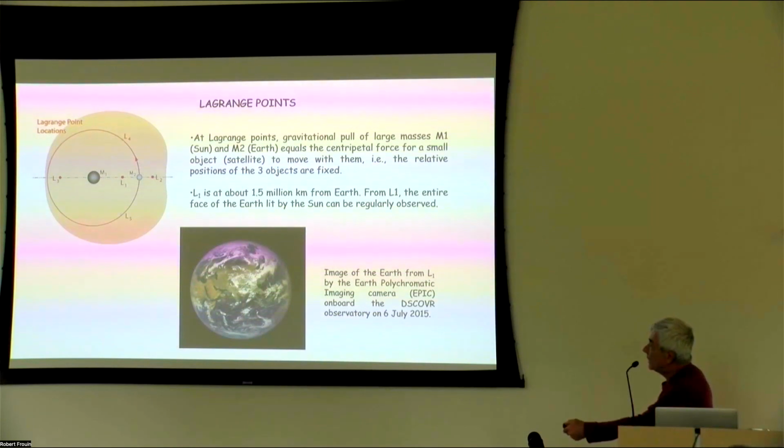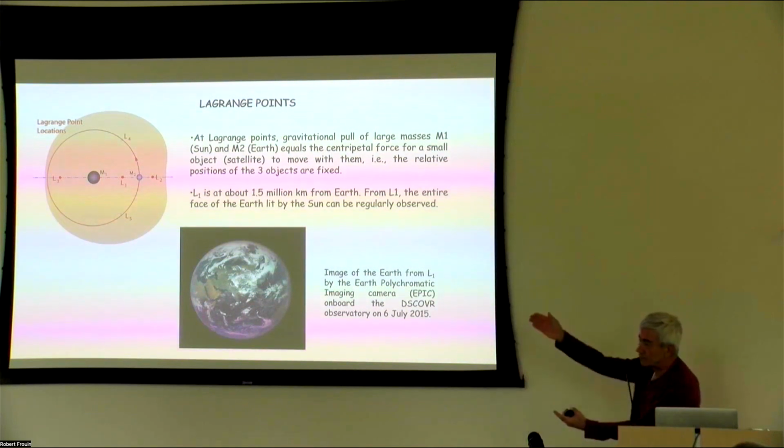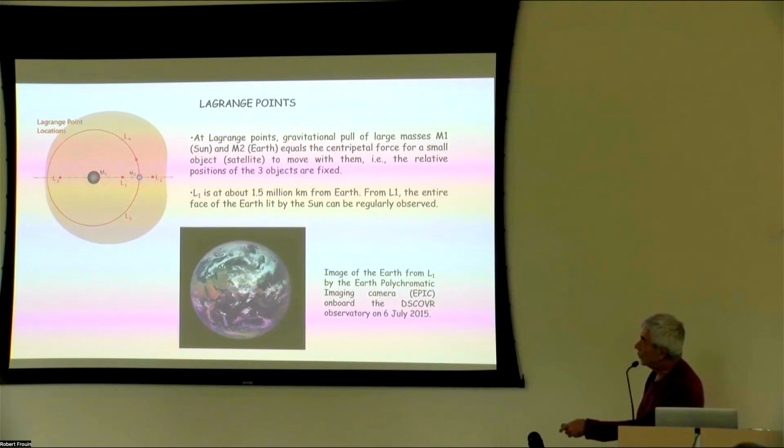And if you look at L1 between the Sun and the Earth here, what you have is basically the Sun always in your back. So you view the Earth at practically the same scattering angle, because the Earth is 1.5 million miles from the L1 point.